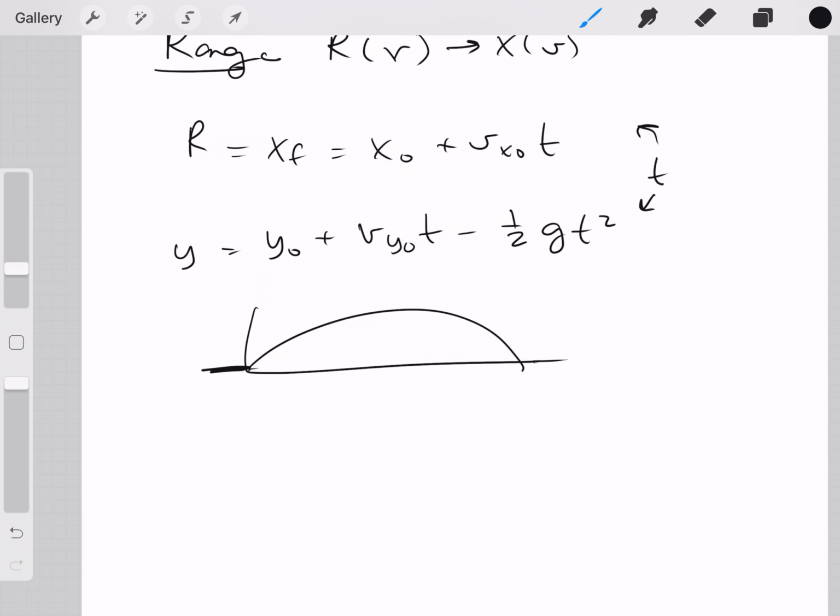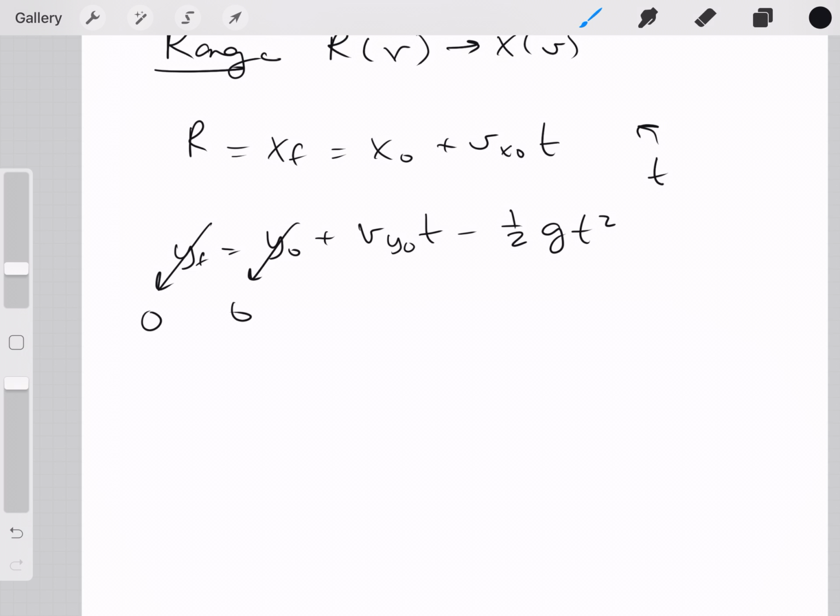Then we also use the y equation, which is vy naught t minus 1/2 gt squared. And we use t as the go-between to solve for it. And let's simplify this equation just a little bit, because in a range problem, the y's are equal to each other.